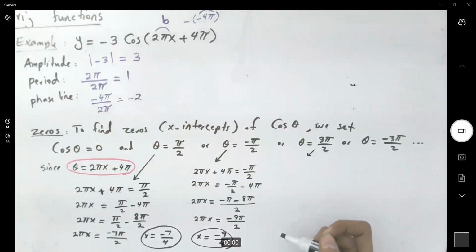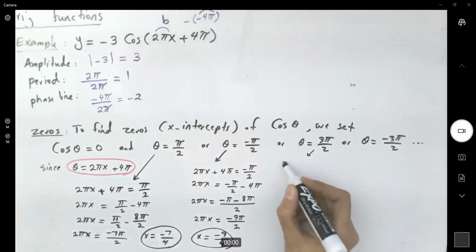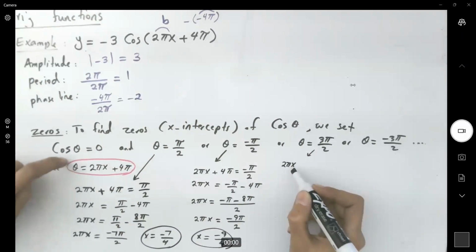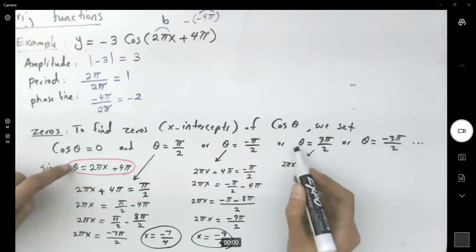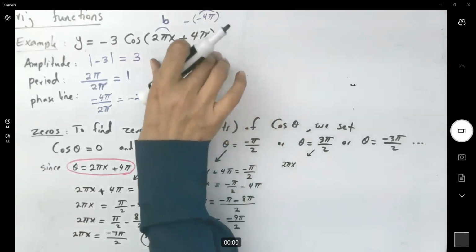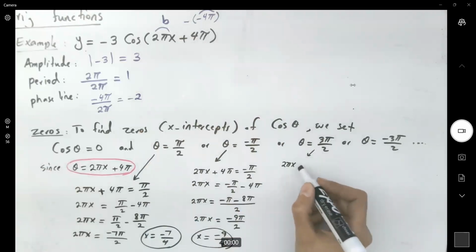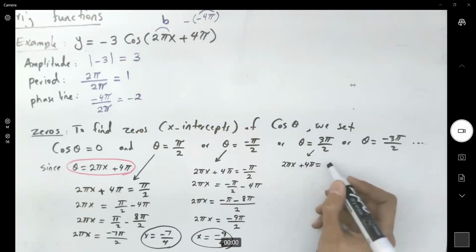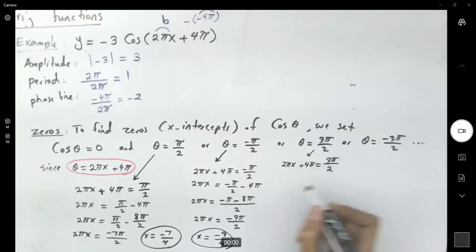Now, what if this angle is equal to 3 pi over 2? See if you can find any pattern here. 2 pi x, this is my angle. This angle, theta, must be 3 pi over 2. So my cosine becomes 0. 2 pi x plus 4 pi equals 3 pi over 2.